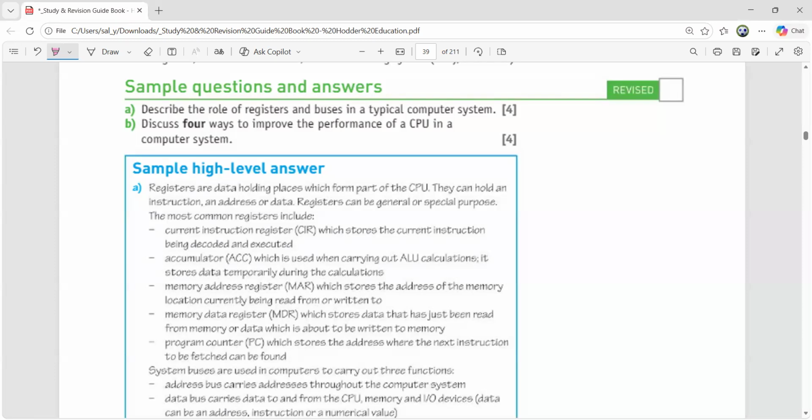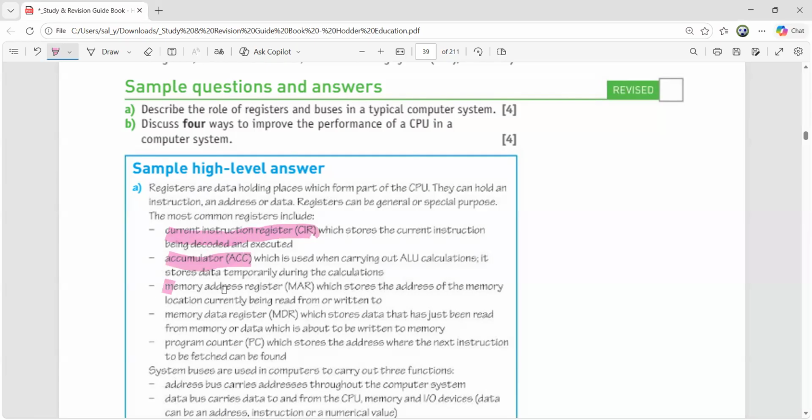And then you can see the way the student has answered. He has answered using some bullets, talking about the current instruction register. He has talked about the role of every single register in a very organized manner. Let me highlight the registers first, and then we'll talk about them.